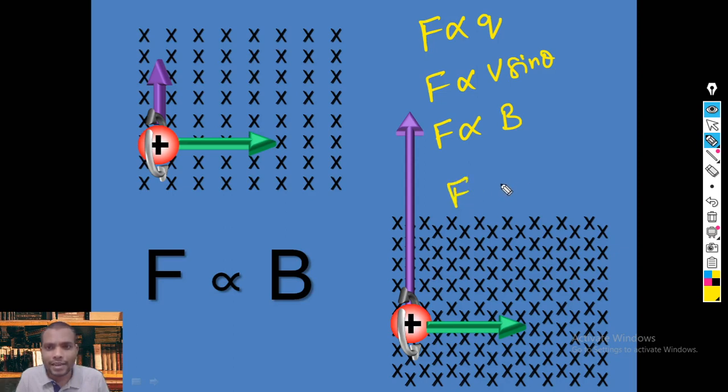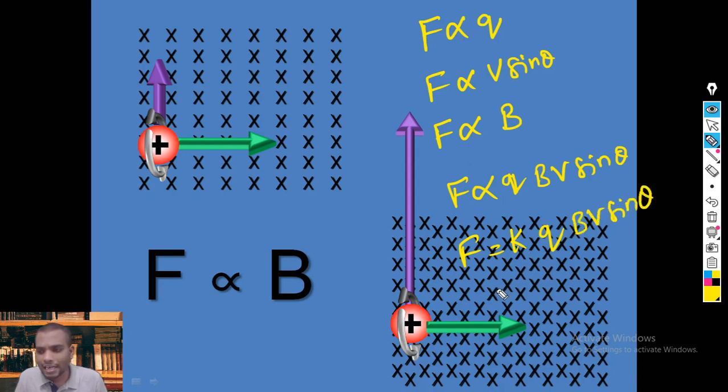Now if I rewrite the same expression, Q B V sin theta. Here the charge Q is a scalar, so remove the proportionality symbol and place a constant K, K times Q V B sin theta, and let's take K equal to 1: F equals Q V B sin theta.